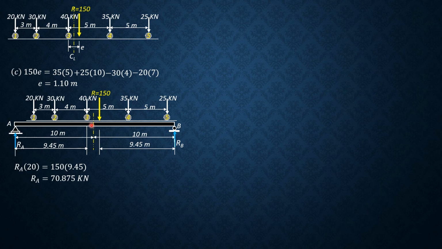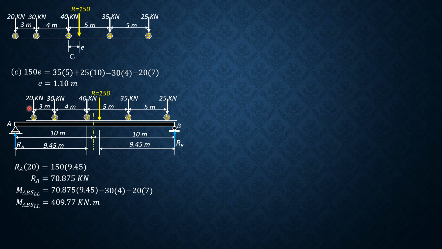Then the absolute maximum moment due to live loads is 70.875 times 9.45 minus 30 times 4 minus 20 times 7. So M absolute due to live load is 409.77 kilonewton meter.